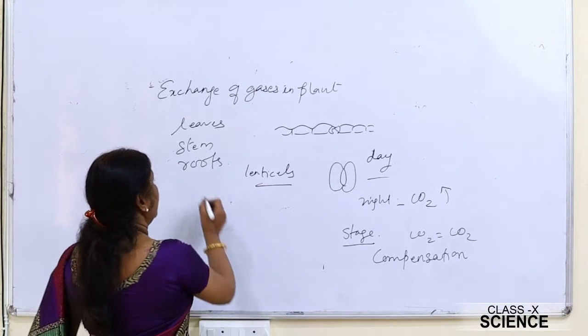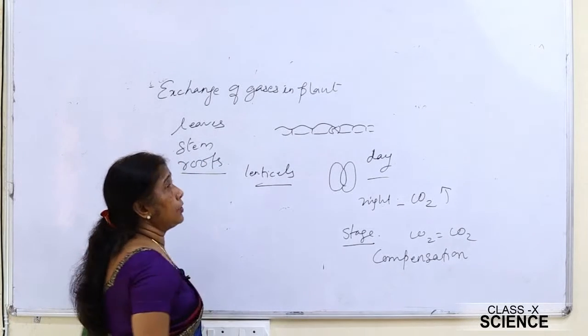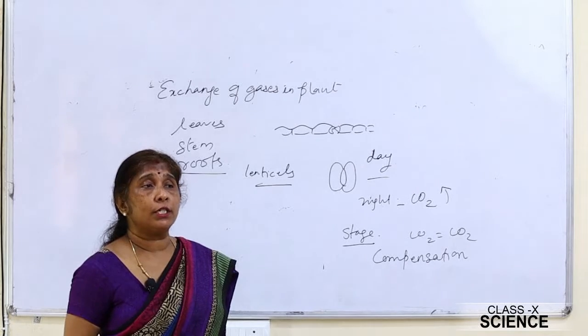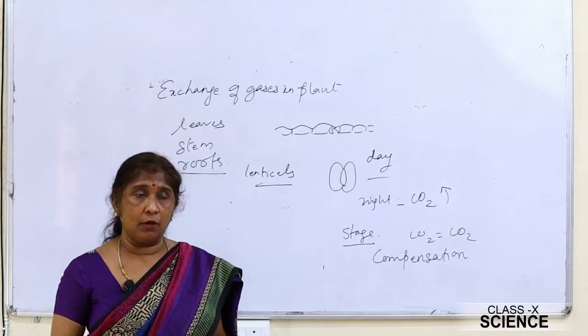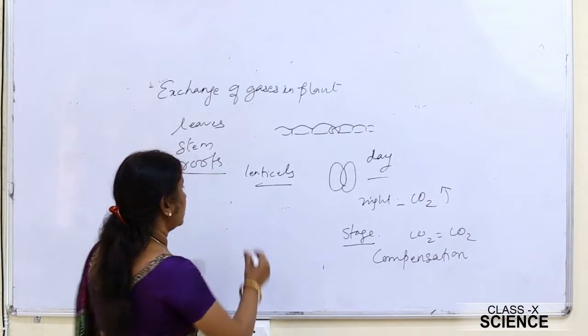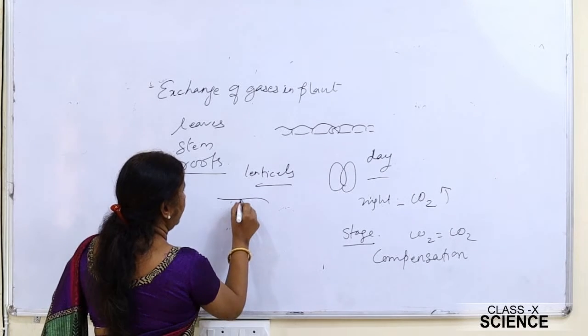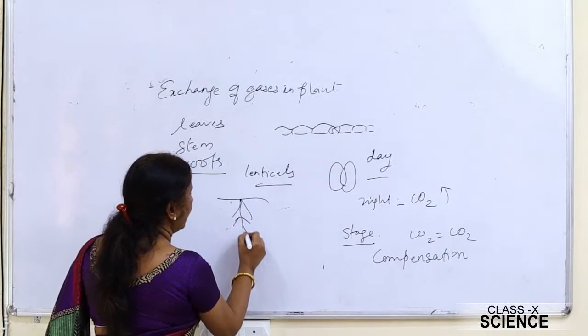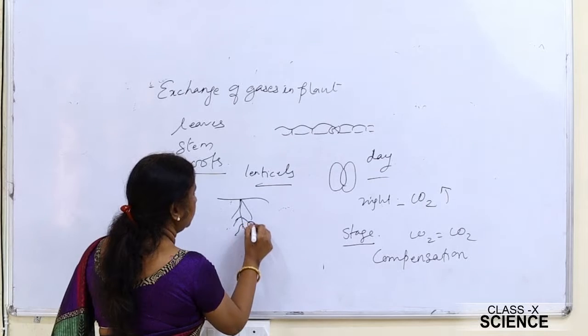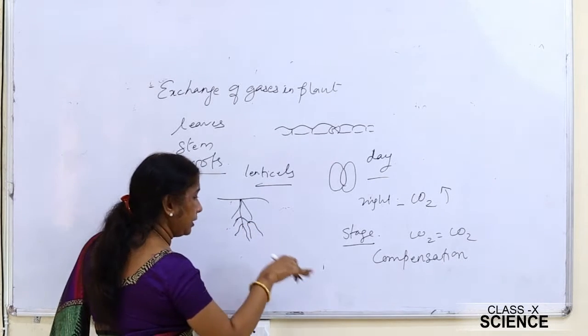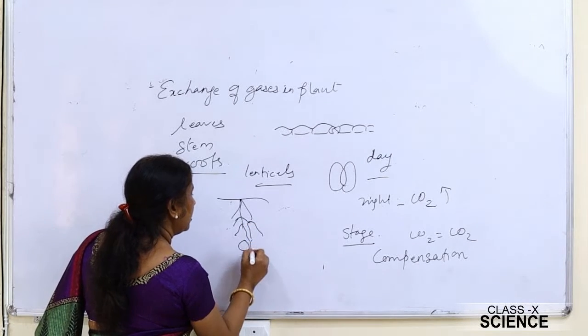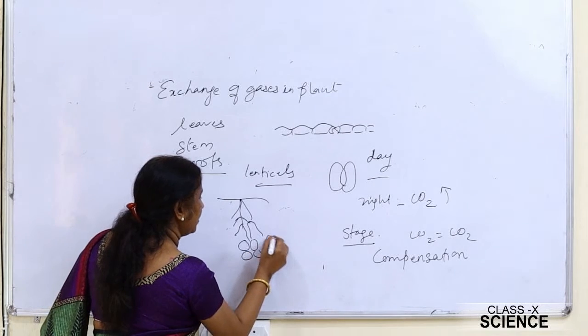Next, in plants, the exchange of gases also takes place through the roots. The roots are present underground and have small hair-like structures called root hairs. These root hairs penetrate deep into the soil, and between the soil particles air spaces are present.